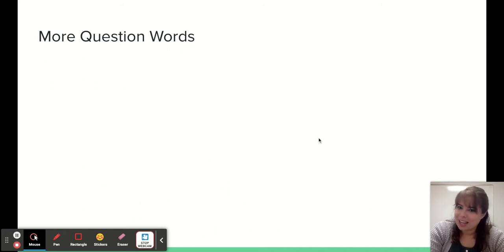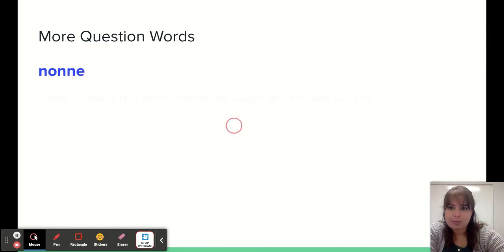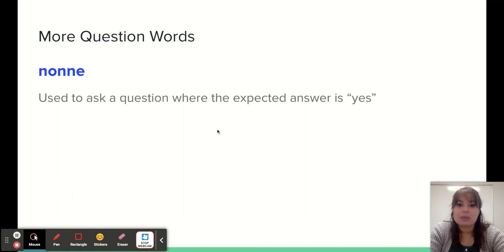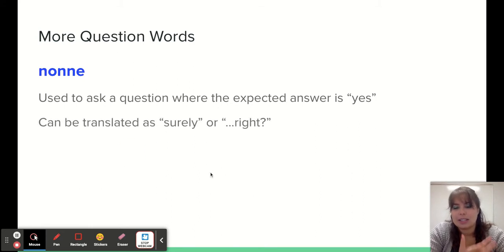And then the flip side of that is nonne. So nonne is the opposite of num. It's used to ask a question where you're expecting the answer to be yes. So nonne is used when you're expecting the answer to be yes. So this one is just instead of surely not, you can just translate it as surely or something, right? Where you're expecting, yeah, of course.